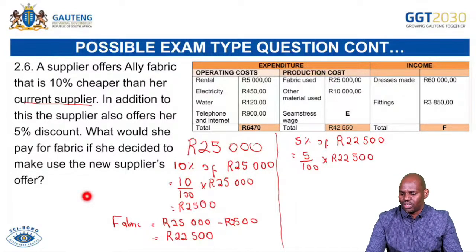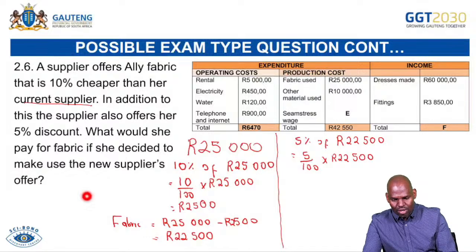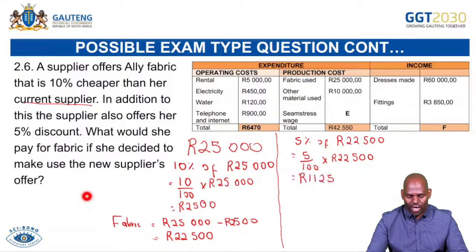If you use your calculator, this is 1,125.